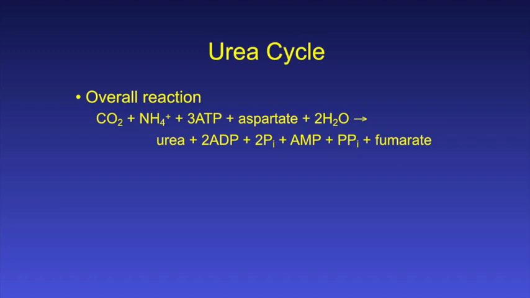You can also see it this way in some books, because PPi gets broken down immediately by inorganic pyrophosphatase. Did you say 2 AMP? No, I think it's 1 AMP and 2 ADPs. Okay. All right.